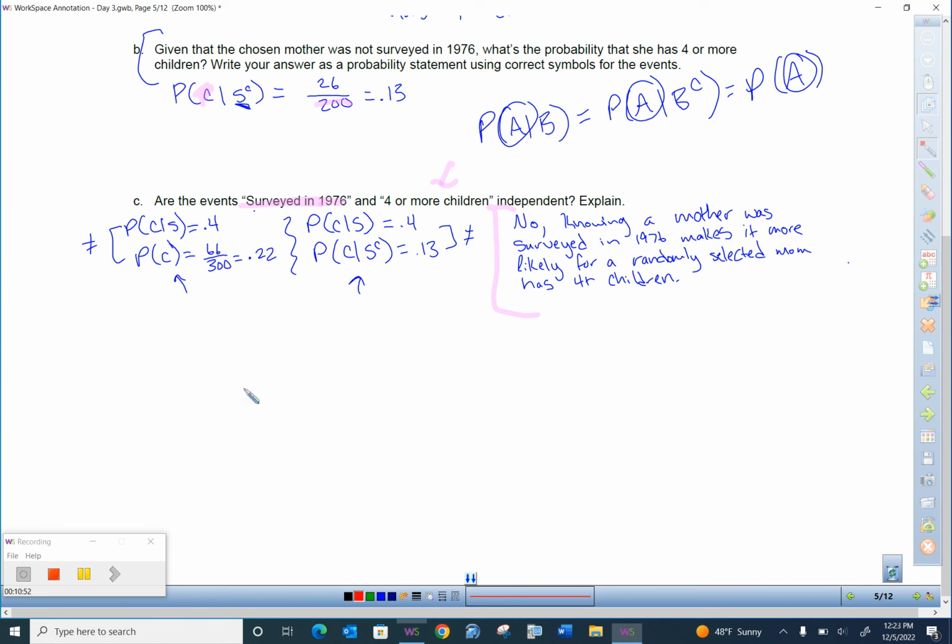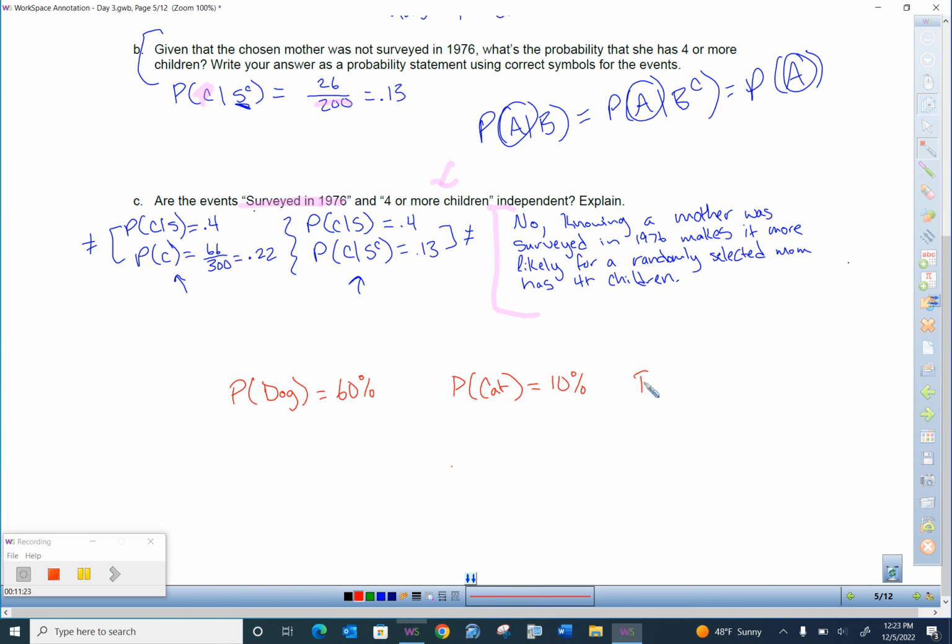Let's suppose in our class that the probability of being a dog owner is 60%. More than half of people in the class have dogs. And then let's say that the probability of being a cat owner is maybe a lot less, 10%.